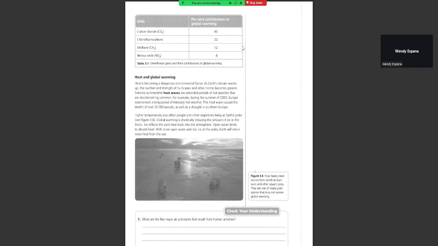Heat is becoming an issue. Global warming is becoming an issue. The amount of extreme weather being produced because the planet's heating up has become a real issue. Hurricanes, other types of storms are becoming way more common than they ever used to be. And then on the other side of that, we're getting more hot weather, heat waves, and they're causing all sorts of issues, especially in the north, in the Arctic.